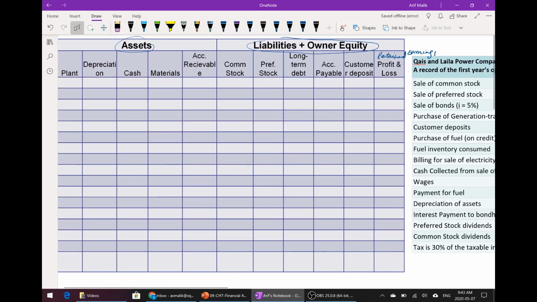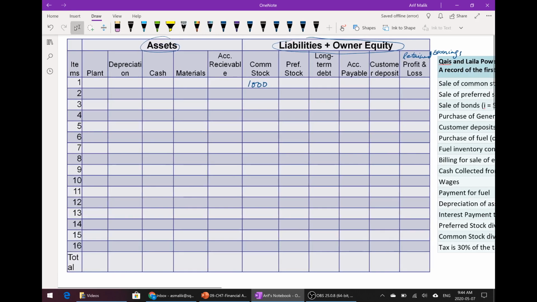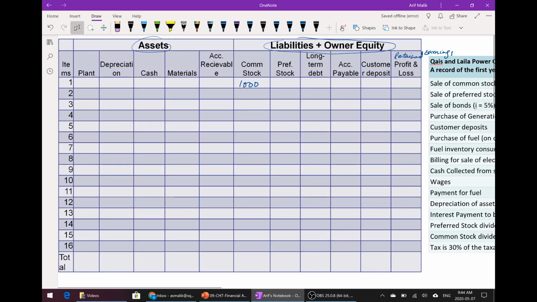Then we add 1,000 here, that we have sold these stocks. So this has become a liability to us, and of course it's double entry bookkeeping. Then we got cash here.